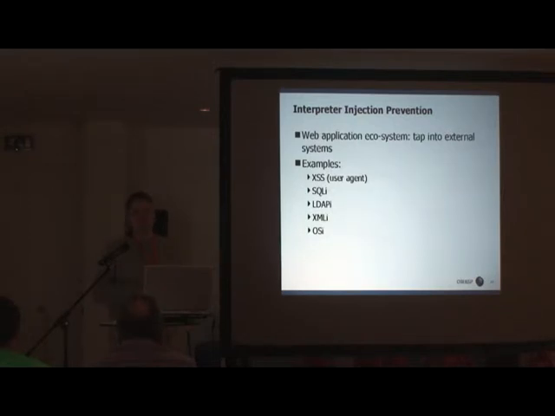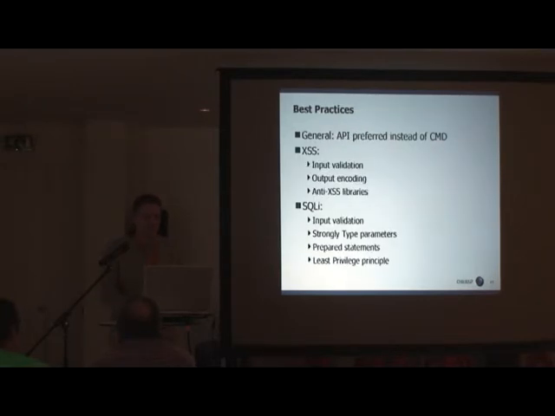You send SQL commands, not so much for classic inlines, obviously Lasso takes care of it, but for SQL inlines, you have to make sure you use encode SQL, or cast it to an integer if it's an integer. And in general, you always want to use an API instead of directly using the commands, like on the command line. By using an API, it can wrap all that extra validation and sanitation so that you don't have to think about it. You can just use it and know that you're safe.